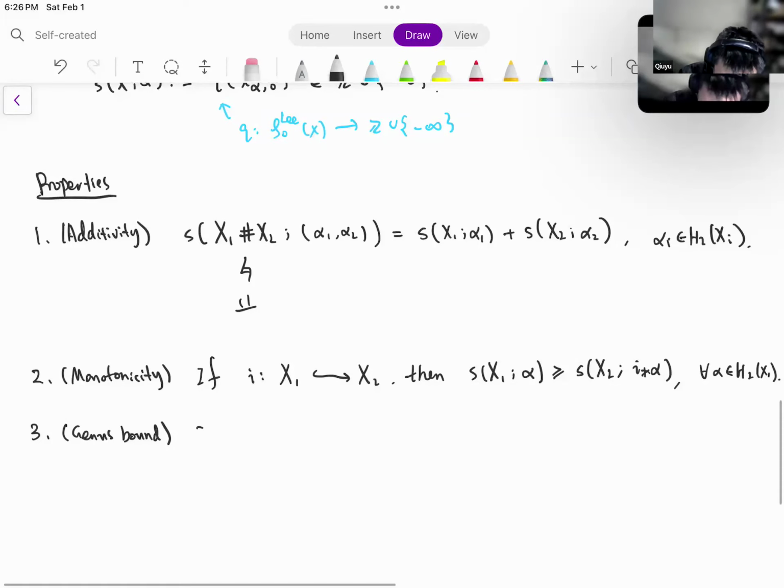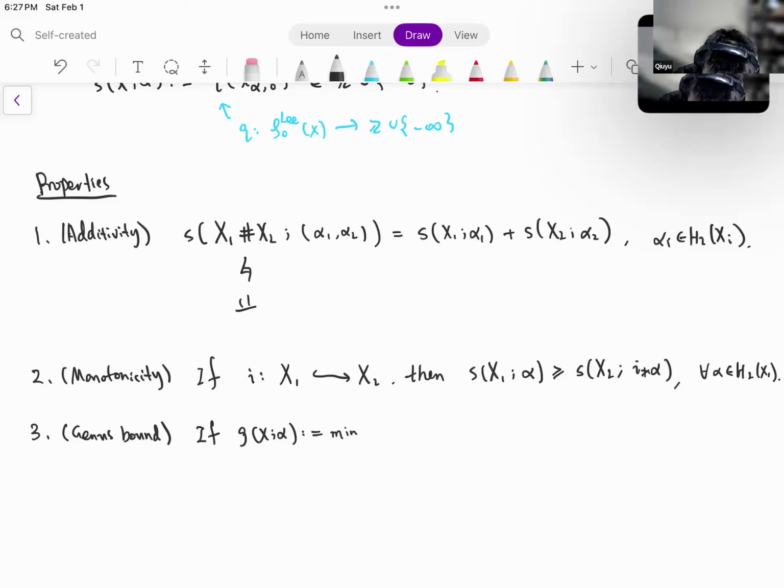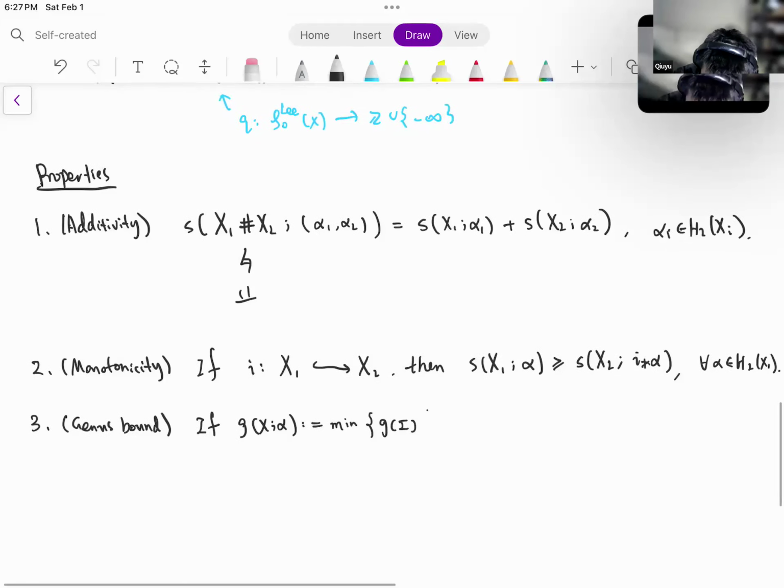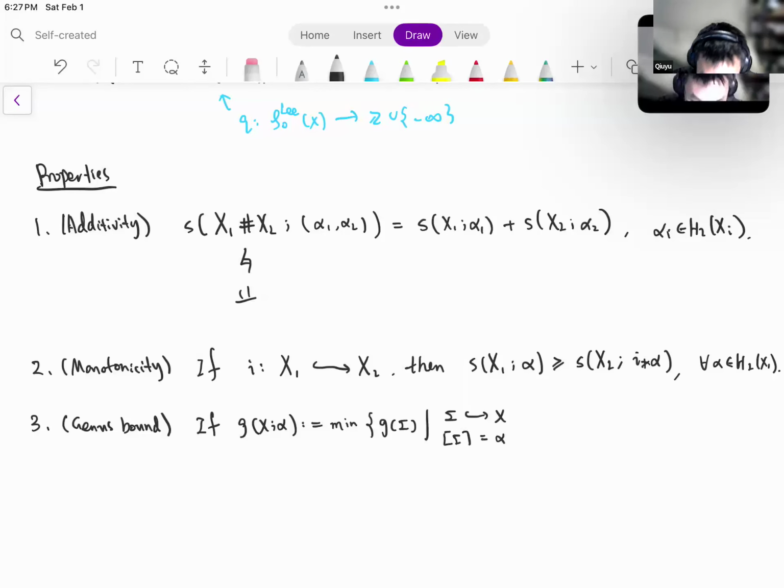So if we let G_X denote the smooth genus function of a four-manifold X, formally this means the minimal genus of a smoothly embedded surface that represents my given second homology class alpha.